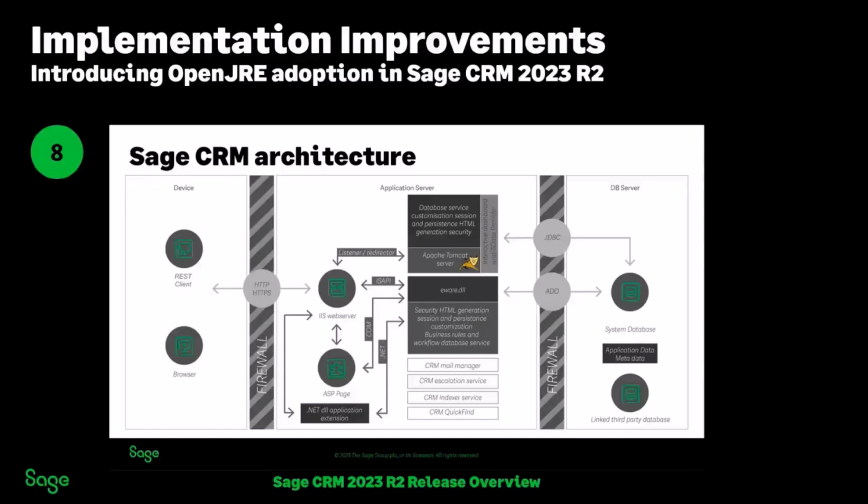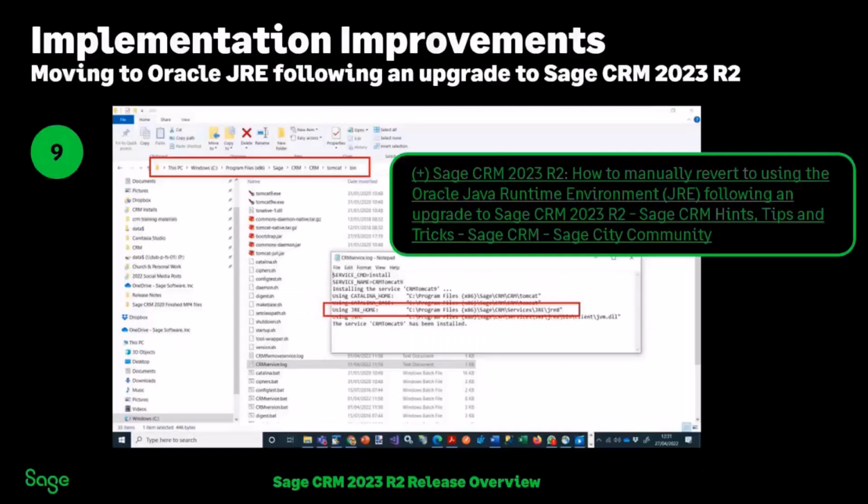But if I look at the next slide, when you upgrade, the upgrade will take place automatically, but if you want to manually revert to using the Oracle JRE, we've blogged around this, we've provided the documentation to support you in that choice. And we've also provided instructions on how to manually replace the Oracle JRE.